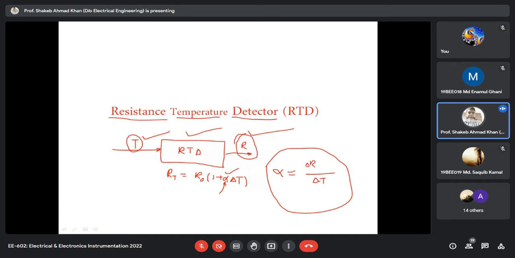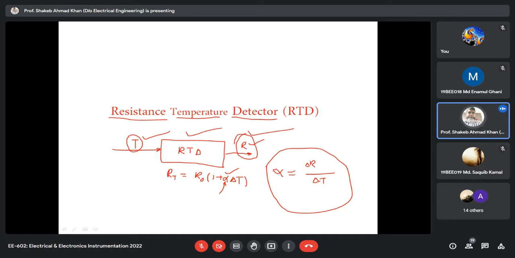Input is T and output response is R. What will you call the ratio of change in resistance to change in temperature? Sensitivity. Basically, alpha is the sensitivity of RTD.